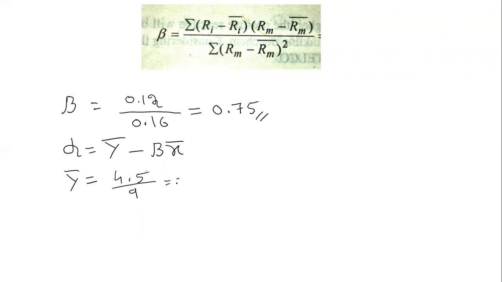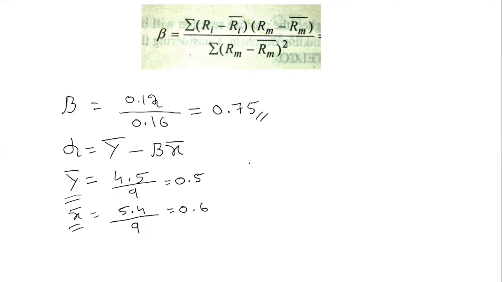So that is 0.5. Now x bar is equal to 5.4 divided by 9. So we get 0.6. So we got the y bar and we got the x bar.